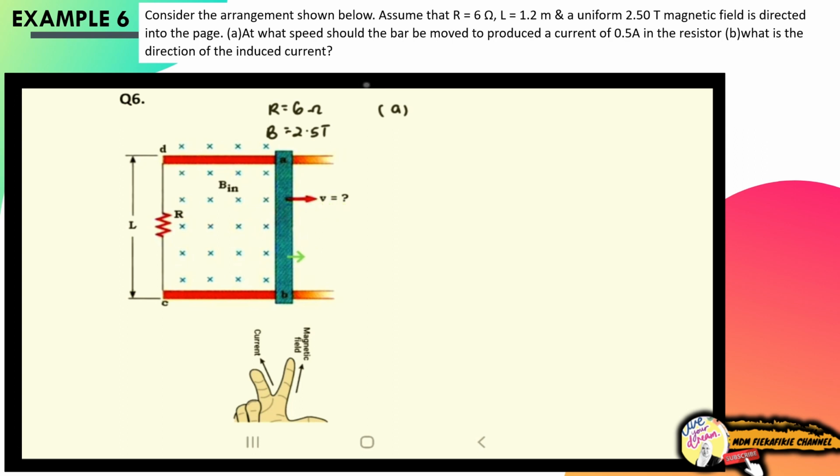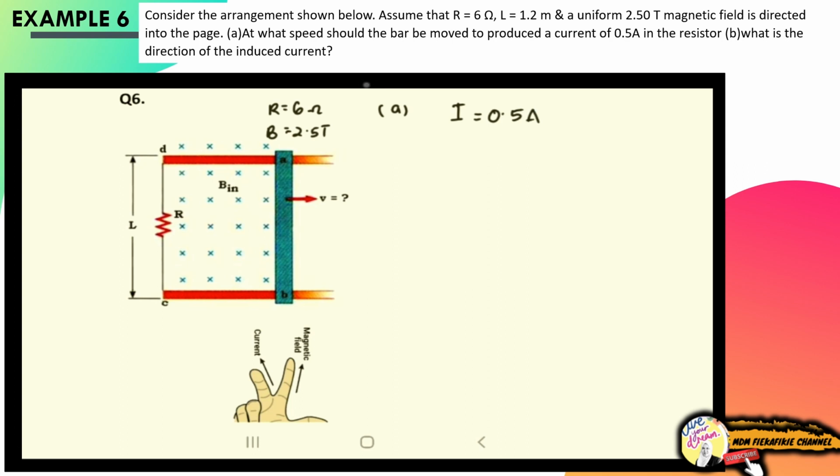There is an induced current that flows in the resistor, and the amount of current that flows in the resistor is given as I equal to 0.5 ampere. Okay, so you want to calculate what is the speed, and B, what is the direction of the induced current.